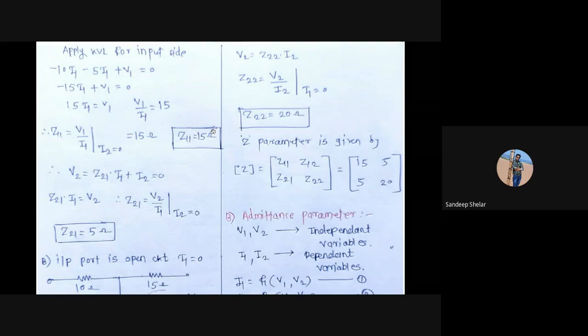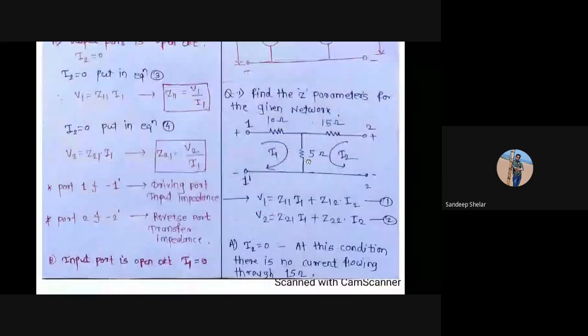Now we also have to obtain Z21. This is the equation for V2: V2 is equal to Z21 into I1 plus Z22 into I2, and first we put I2 equal to 0. Then Z21 is equal to V2 upon I1. Now apply KVL for this side.